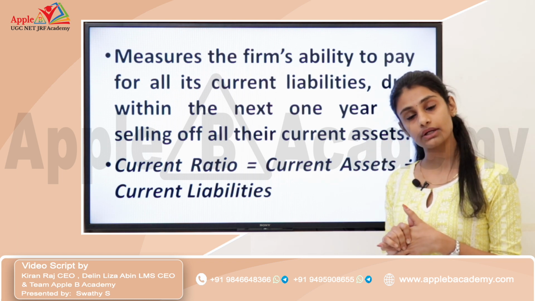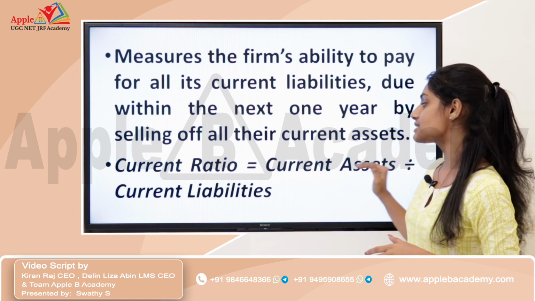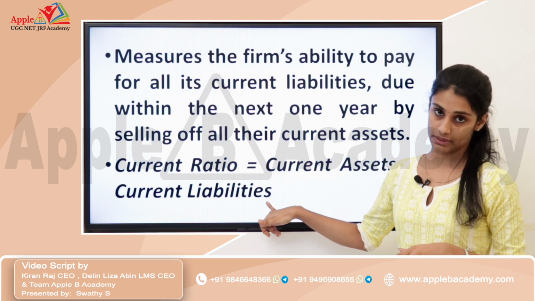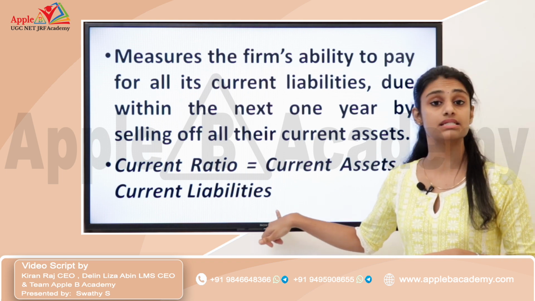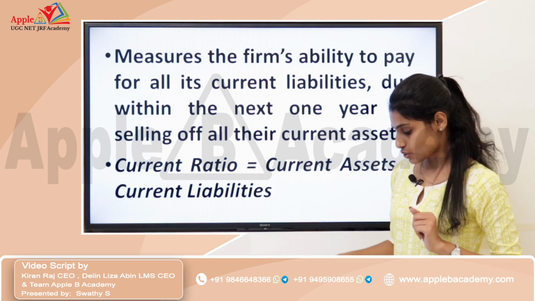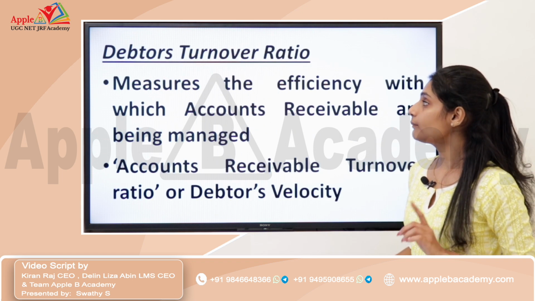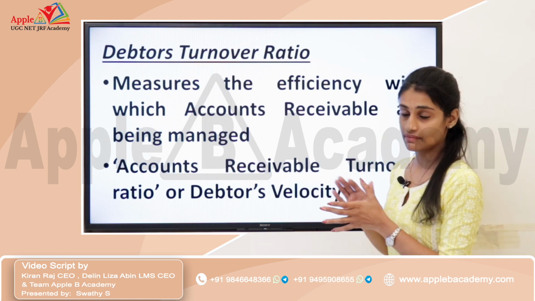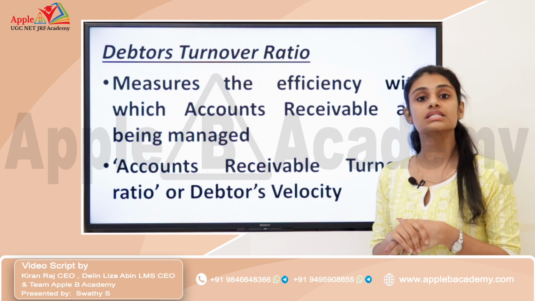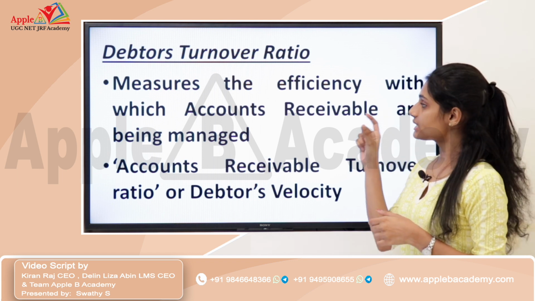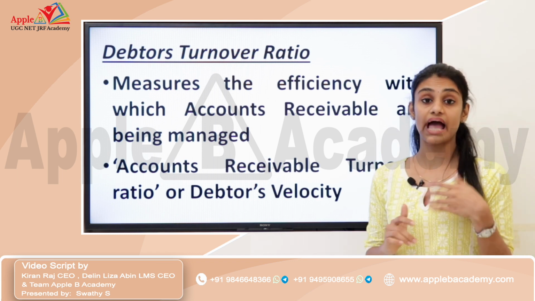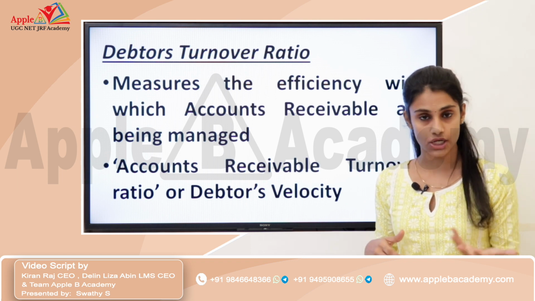And how can you calculate this current ratio? Current assets divided by current liabilities. So this is our first ratio. Moving to the second type given in your question, that is the debtors turnover ratio. Debtors turnover ratio is an activity ratio, or you can call it a turnover ratio.